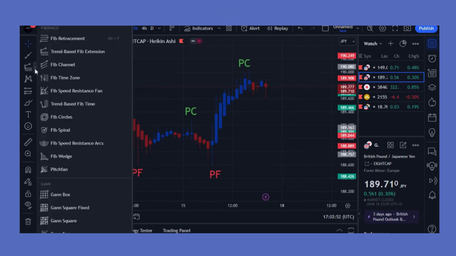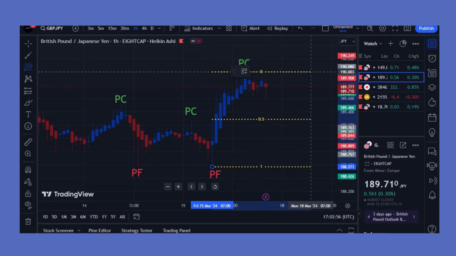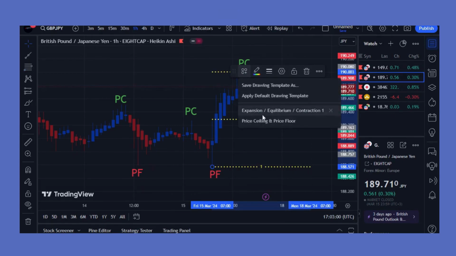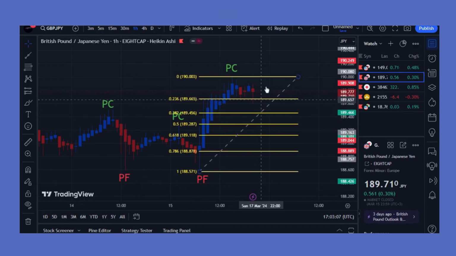So by using my Fibonacci retracement here to here, you can see how this pair is going to retrace back to the key zone, so it can come somewhere in this level here.